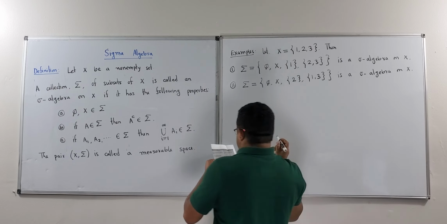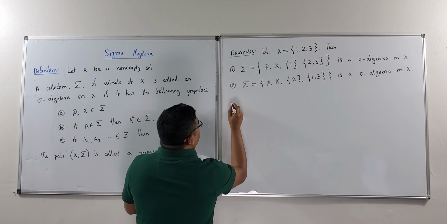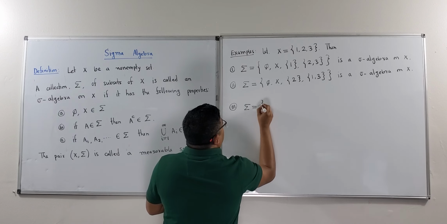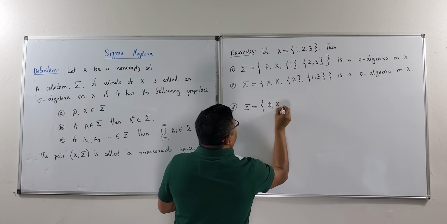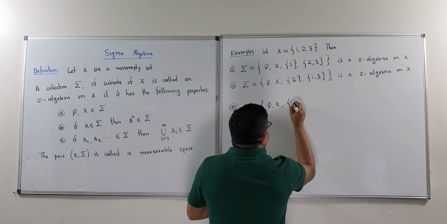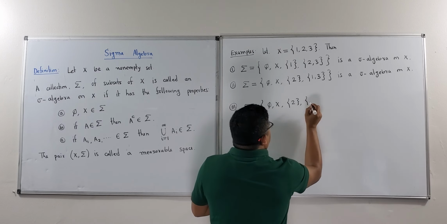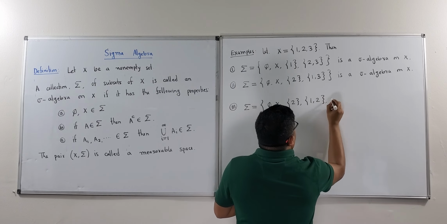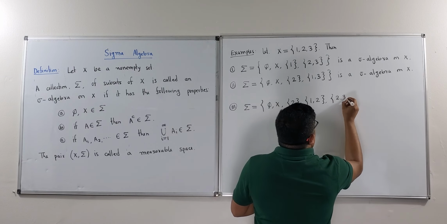How about this one? If we consider sigma equals the empty set, X, then {2}, then {1, 2} and {2, 3}.